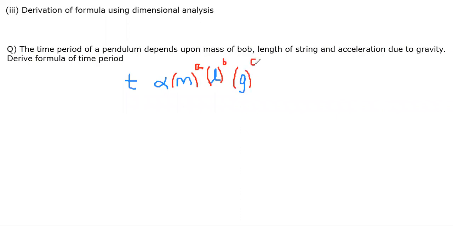In the next step, we take out the proportionality sign and make it equal, and when the proportionality sign becomes equal, a constant comes there, that is k. So you're left with k, m to the power a, l to the power b, and small g to the power c.